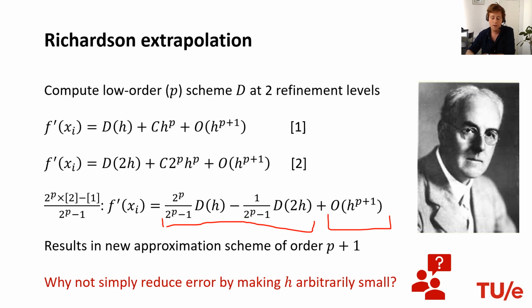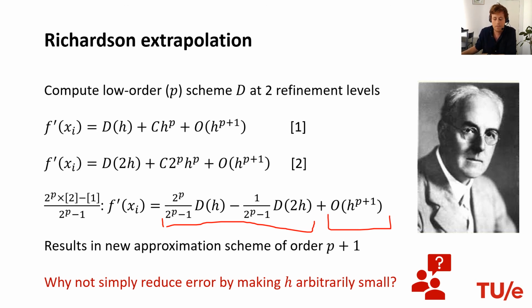And that's true: all the formulas and all the errors we've seen so far can be made arbitrarily small by making h arbitrarily small. So you could say I can just pick a smaller h. It won't cost me anything, but I can reduce the error to a level that I deem acceptable.